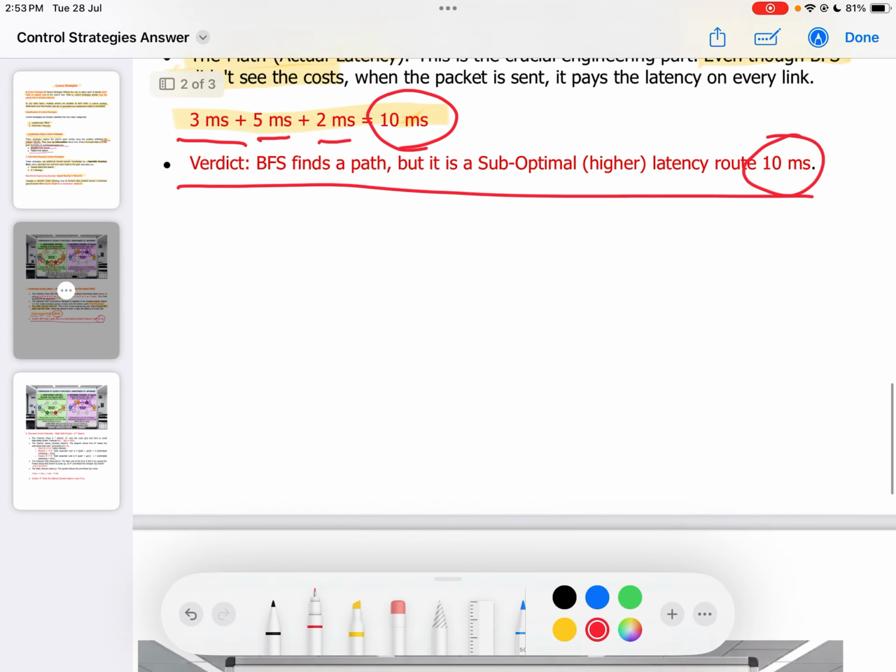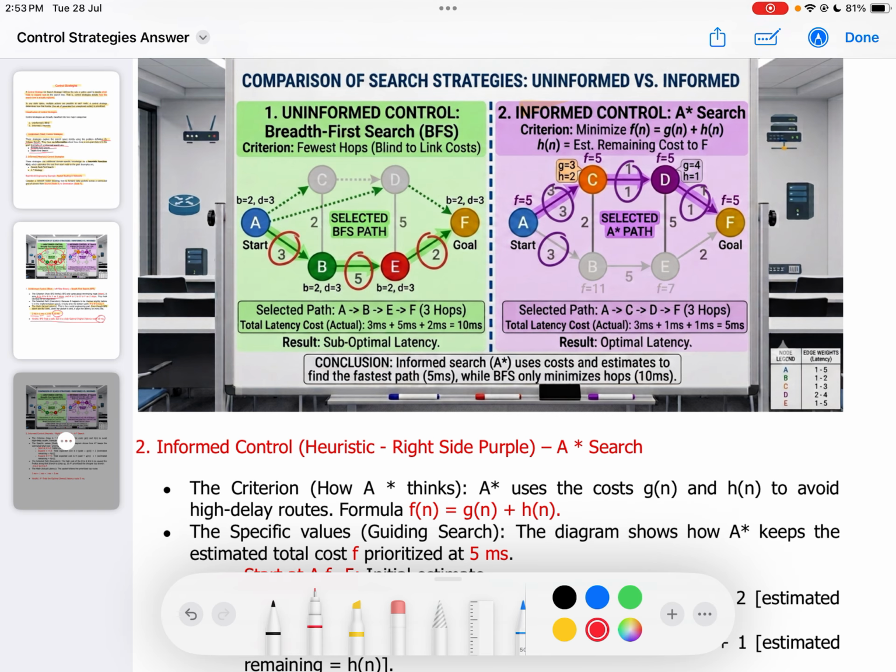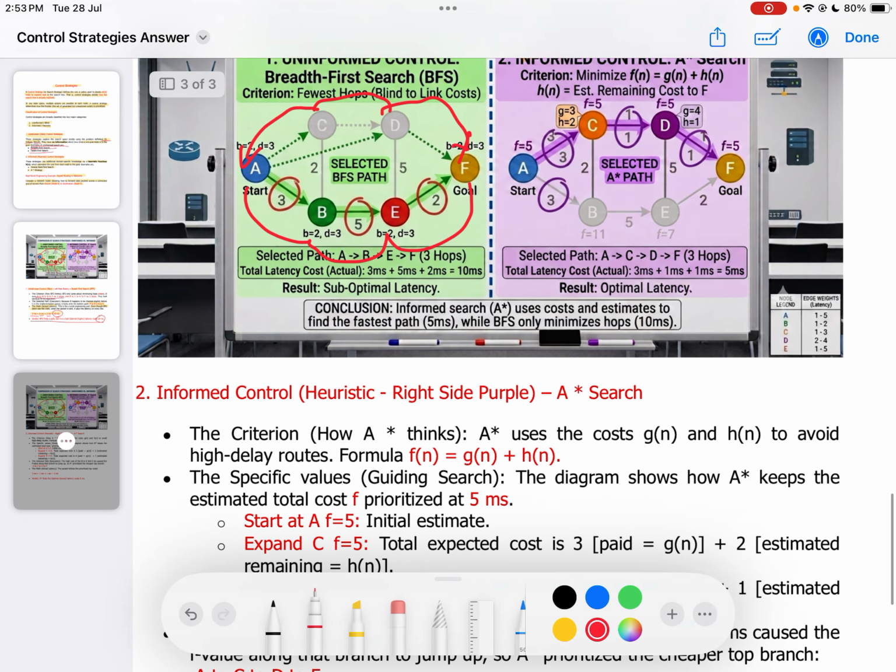Now, let's look at informed search, where the same path is there. A is the starting point, B to E, E to F. The other side is A to C, C to D, D to F. Here A star uses a heuristic formula. This is very important. Please remember this formula: f(n) = g(n) + h(n).